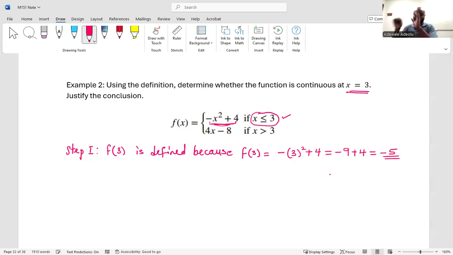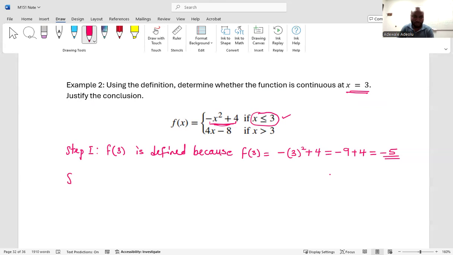So we can see f of 3 is defined. So that function is defined at that point. However, it is not enough for us to make the claim that the function is continuous at x equals 3. So we need to go to the next step.